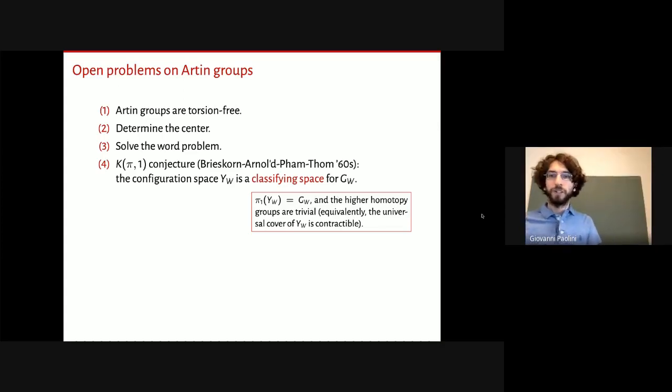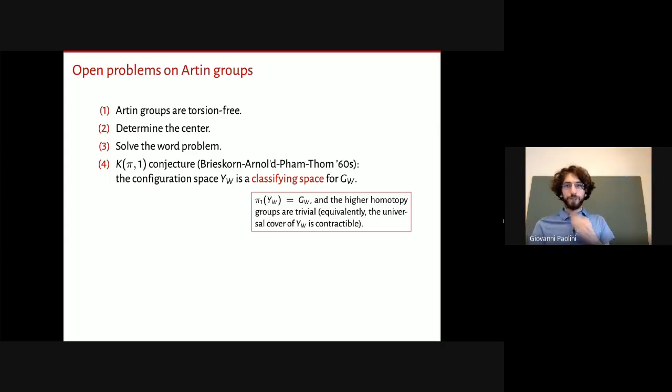So it is one of the two ways that I use to define Artin groups to you. So this is well known, and the difficult part is what follows: is to prove that the higher homotopy groups of Y_W are trivial, which is equivalent under some mild hypothesis to the universal cover being contractible.